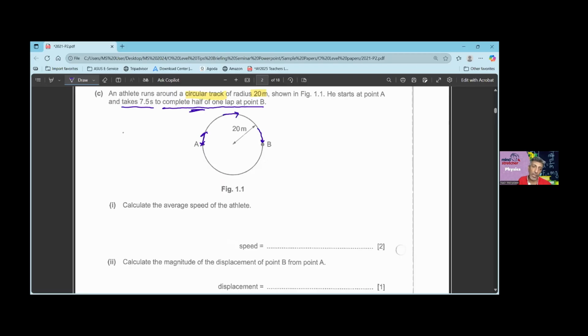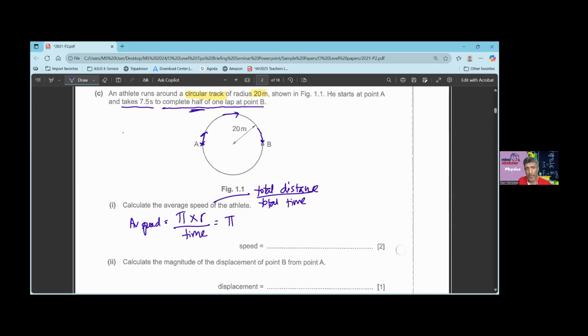Now they ask you to calculate the average speed. Average speed is total distance over total time. Please be careful. The circumference of a circle is 2 pi r, so for half the circle, it's just pi times r divided by time.